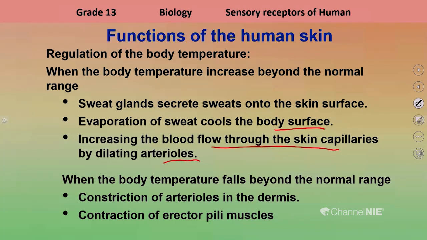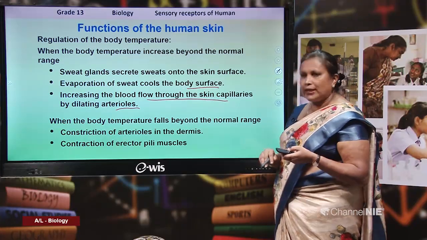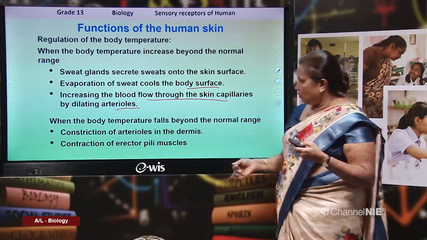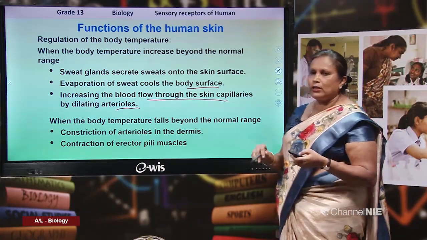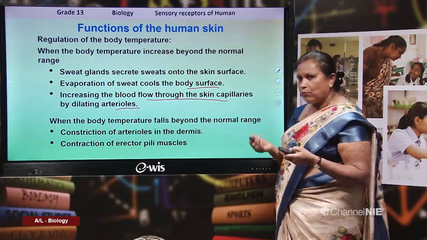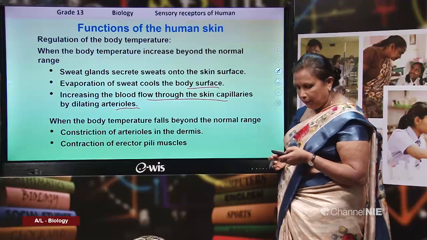So the blood flow to the surface is reduced, thereby reducing the evaporation of sweat. So sweating is reduced. Then the contraction of the erector pili muscles provides a small amount of energy. So that is the regulation of body temperature.